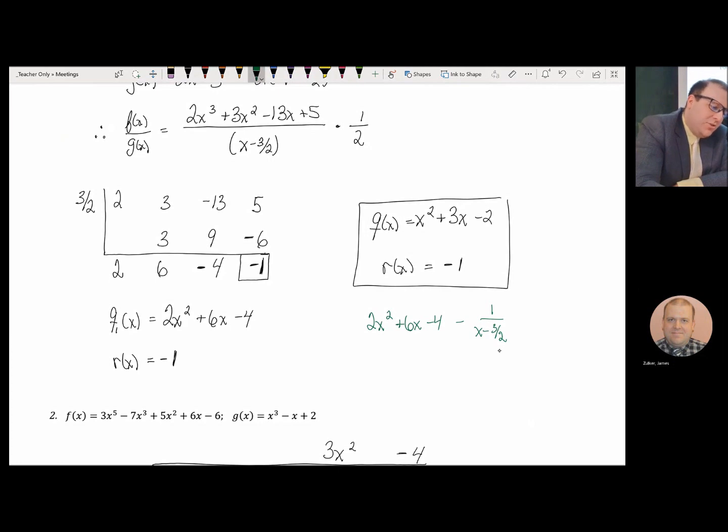So here's how it should look, right? If we write it out. Right, this is how this operation would look. If you write it out, but then you have to multiply that entire thing by 1/2. So we weren't done.